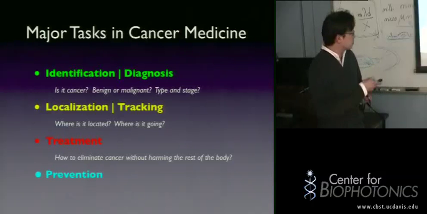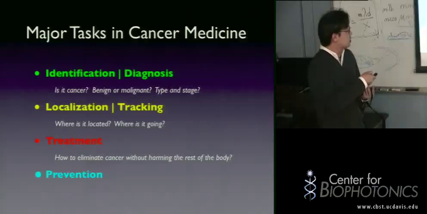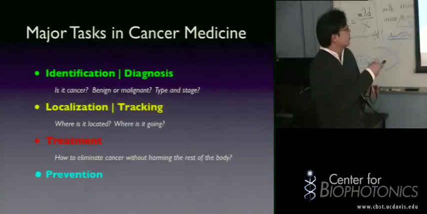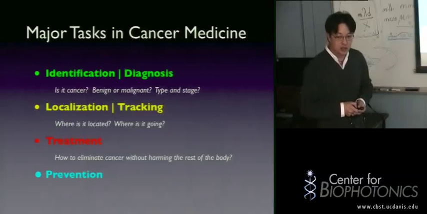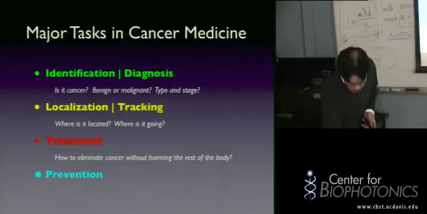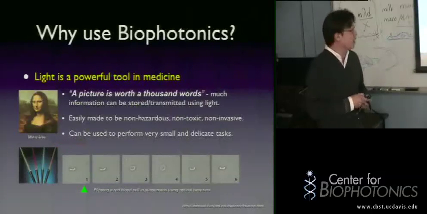If you know all this, then your next responsibility is to treat it. In treating cancer, the basic goal is to eliminate the cancer without harming the rest of the body. And finally, if all of this is mastered, maybe you'll know enough to prevent cancer from happening in the first place. In all these cases, we think that biophotonics has a definite role in helping out.